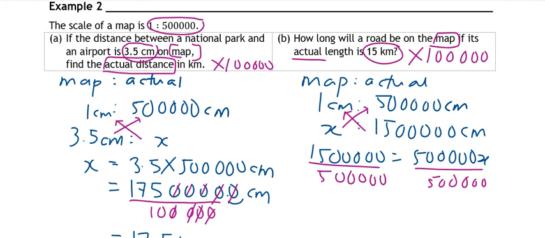Now here, when you try to simplify everything, this one is cancelled. So your x will become what? So here you will have, okay, cancel the zeros. Now here you finally have 15 divided by 5, which is 3, and the unit is centimeter, right?